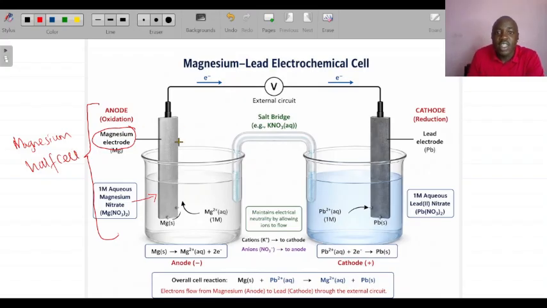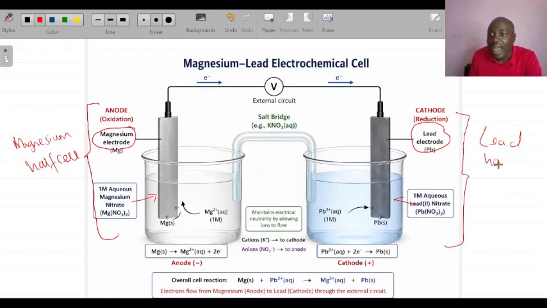So we can call this, the whole of this, a magnesium half cell. On my right, I have what we call an electrode that is lead. It has been dipped inside a solution containing 1 molar lead 2 nitrate. Again, this becomes what we shall call the lead half cell. So here we have two half cells. We have the magnesium half cell, then we have the lead half cell.